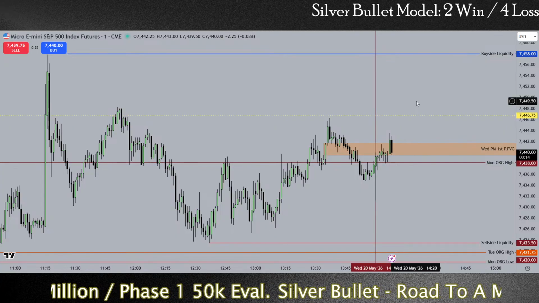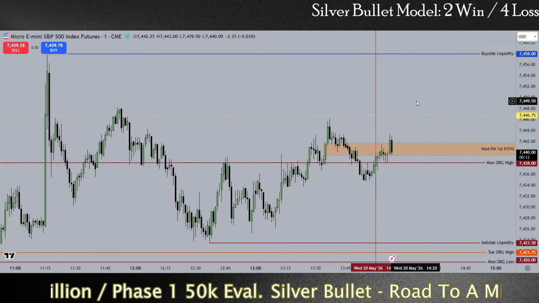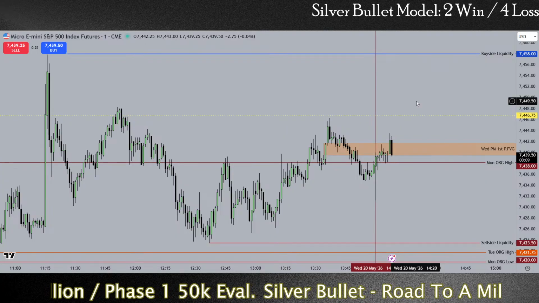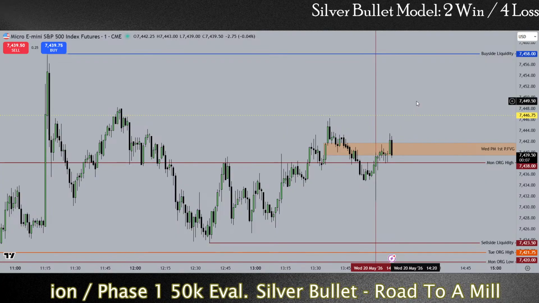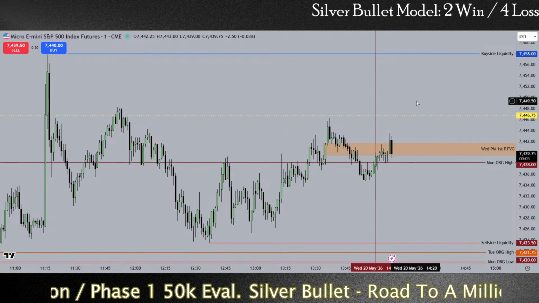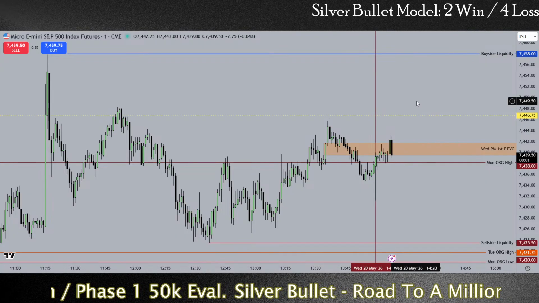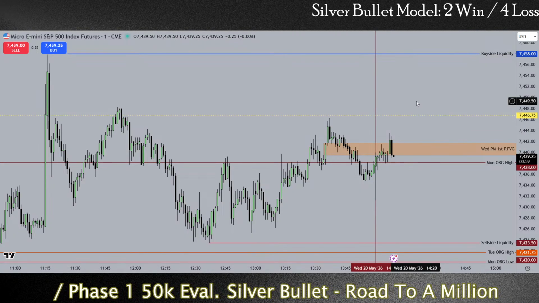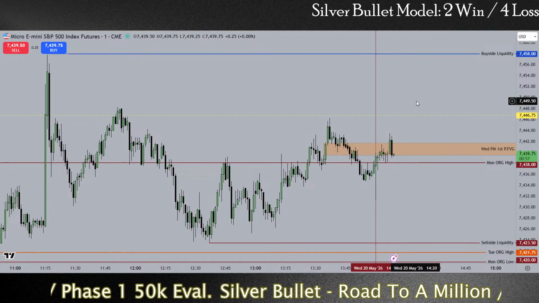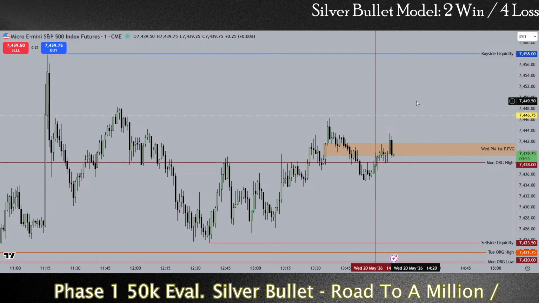Because the AM session delivered quite a large range and delivered quite nicely, I don't think the PM session will be enormous in terms of range expansion in here.